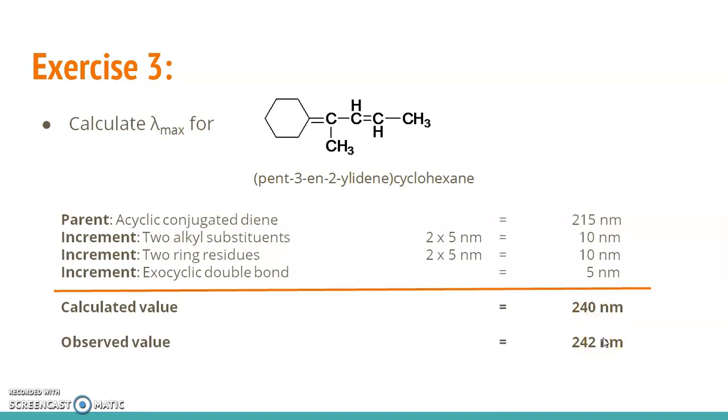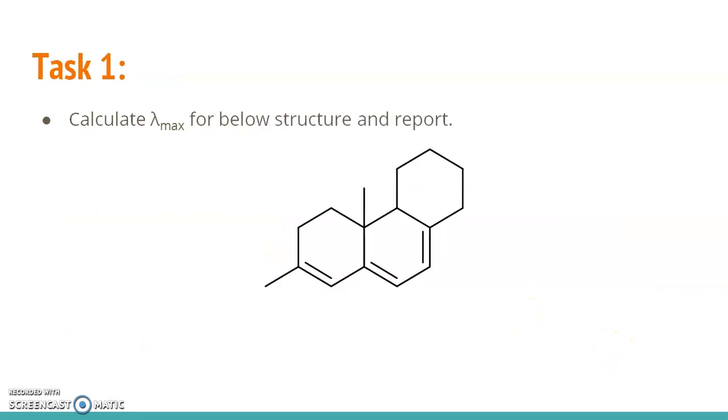After these three exercises, I would like you to take up task 1. I would like you to take a piece of paper and a pen in order to calculate the lambda max value for this particular structure. I'll give a hint on what you are supposed to look out for.